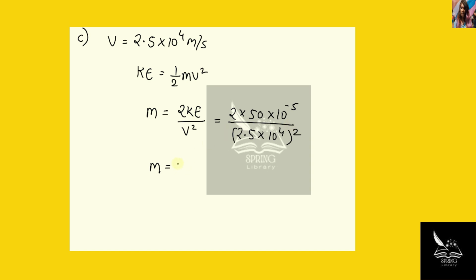So from here if we calculate, we will get the mass as equal to 1.6 into 10 raised to minus 12 kgs. So this is one way.